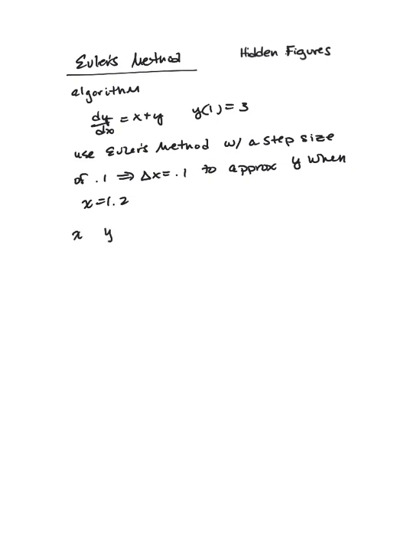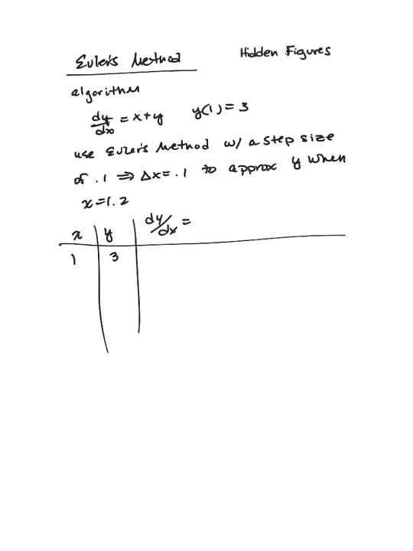So I like to make a little chart. Start with x and y. We started off at (1, 3). Then we have the derivative, so y prime is equal to 4 here. Now, to find the new y value, the new y is equal to the old y plus delta x times dy/dx.